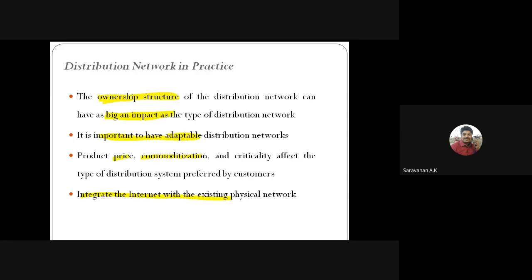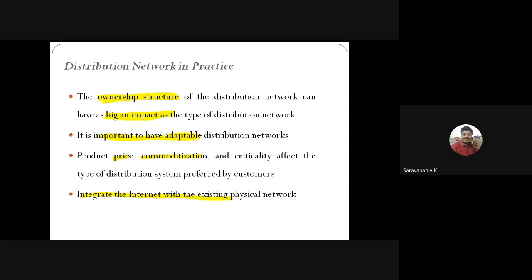As a result, it is much more convenient for the buyers to deal with a single enterprise that can deliver the full line of products, for high demand or high value products, specialized products, or critical products, right?